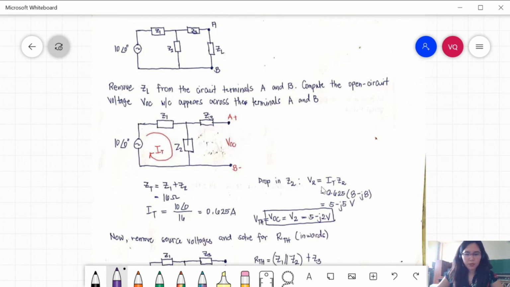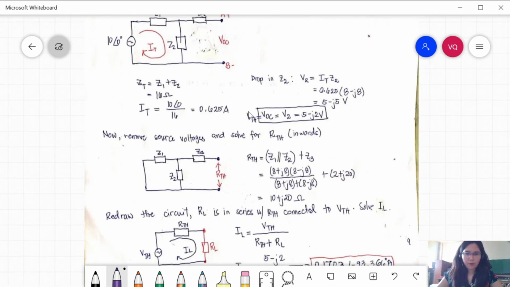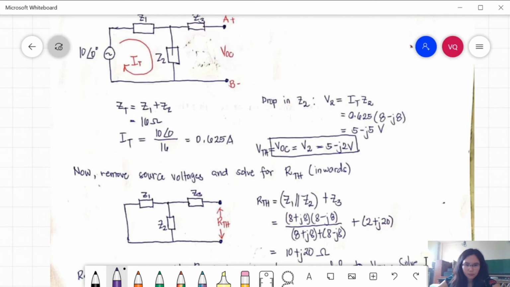The drop in Z2 is equal to the current flowing in Z2 multiplied by the impedance, 0.625 times 8 minus J8, that is 5 minus J5 volts. So VTH is equal to VOC, which is equal to the voltage drop in Z2, that is 5 minus J5 volts.